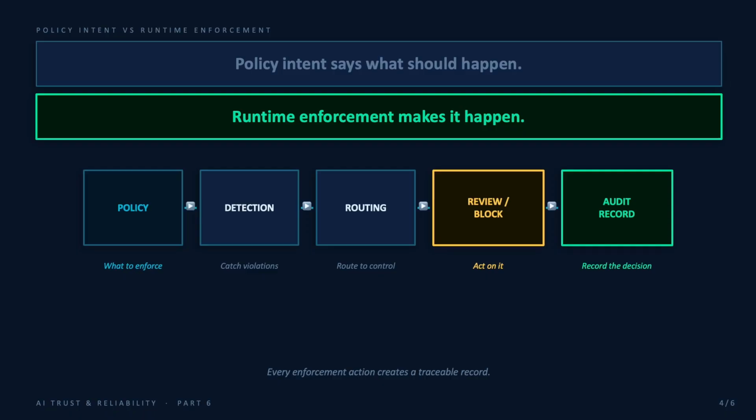The same applies to privacy, safety, compliance, security, and auditability. A policy should not just sit in a document, it should translate into detection, routing, review, blocking, and audit records inside the system. That is what turns governance from a rulebook into an operating mechanism. Otherwise, it becomes governance theater. Looks good in a document, does nothing when a system is live.